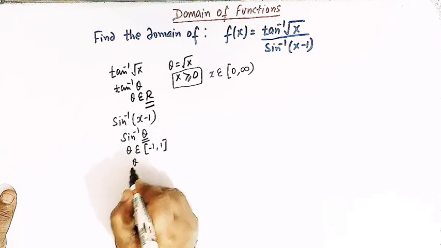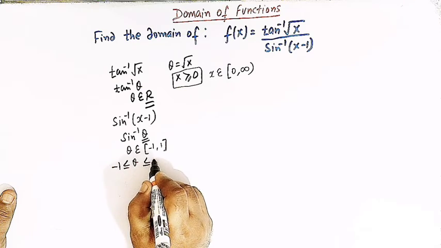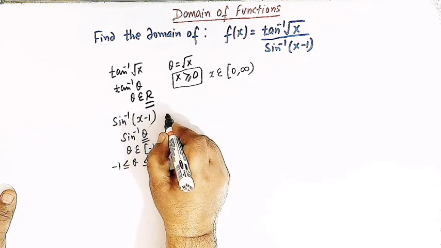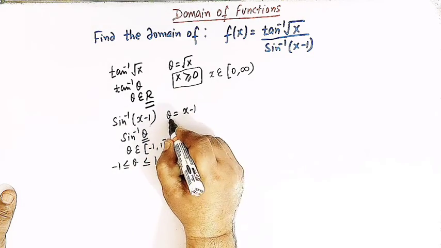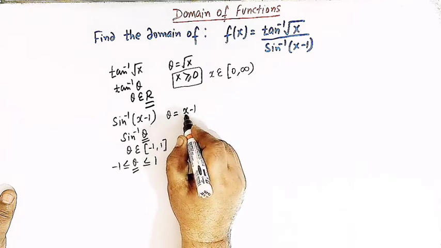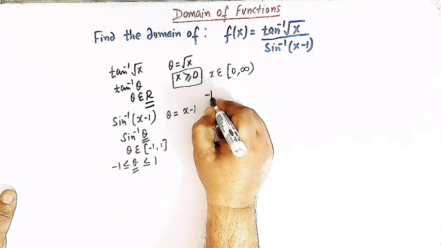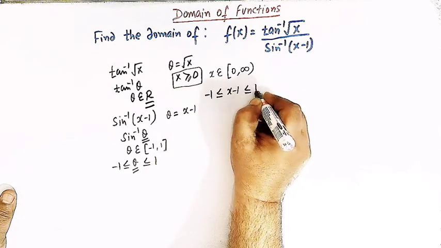That is, theta must be greater than or equal to minus 1, but less than or equal to 1. So here, for theta, we have x minus 1. So let us substitute theta is equal to x minus 1 in this inequality. So we have minus 1, and here we have x minus 1, and here we have 1.